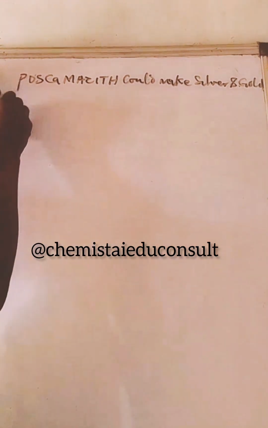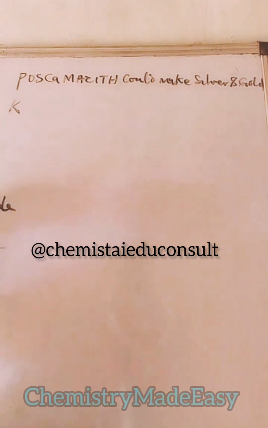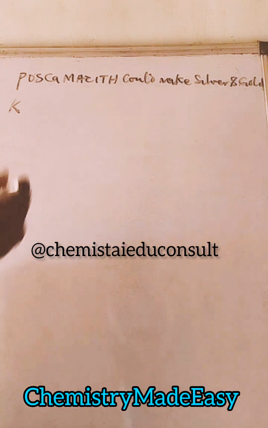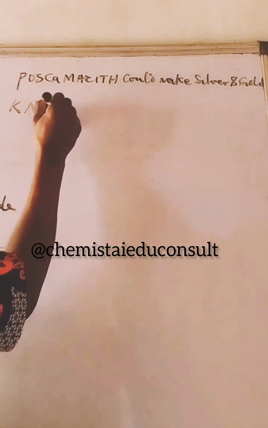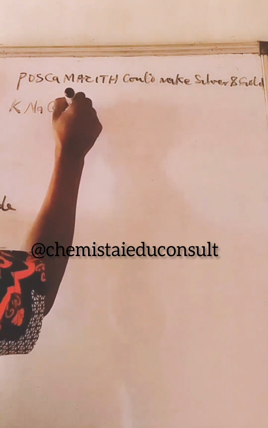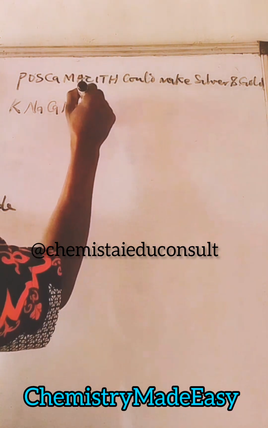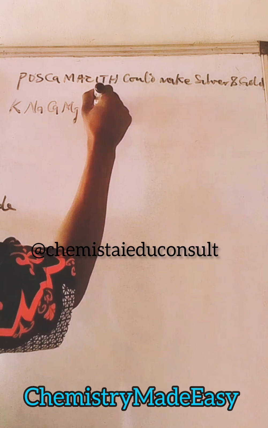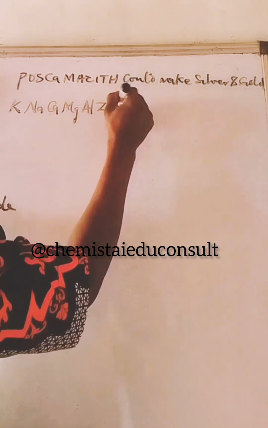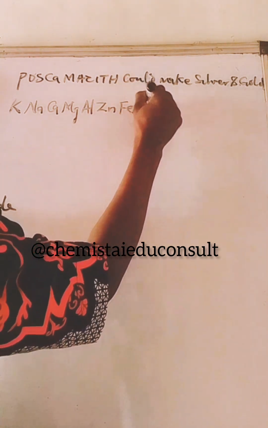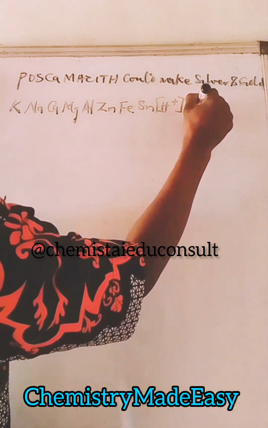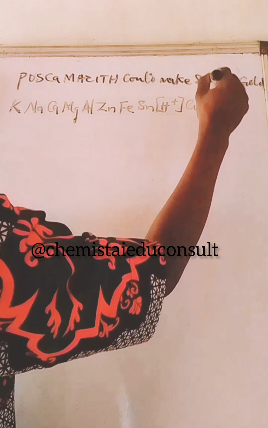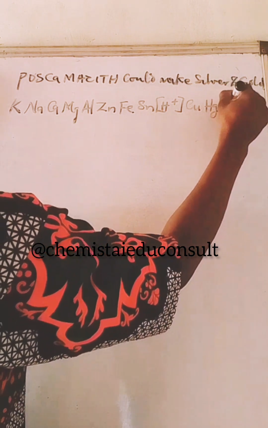Po here means potassium, K. S here means sodium, Na. Ca, calcium. M, magnesium. A, aluminium. Z, zinc. I, iron. T, H, hydrogen ion. Could, copper. Make, mercury. Silver, Ag. Gold, Au.